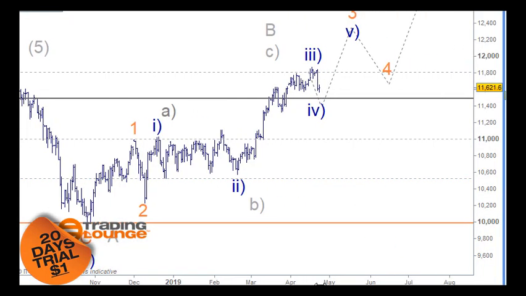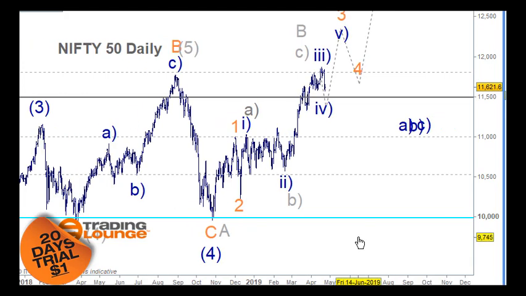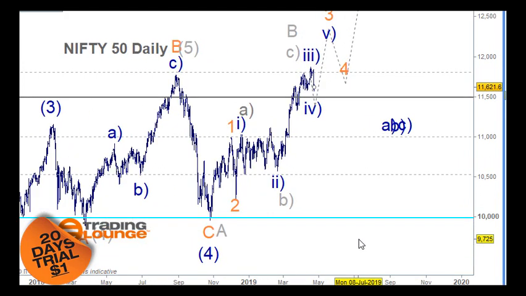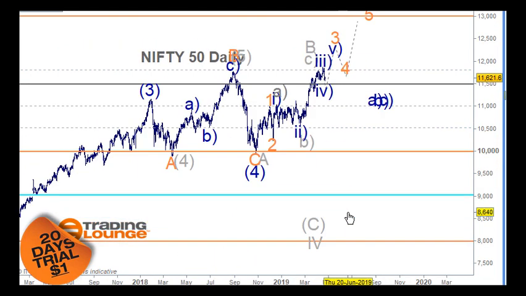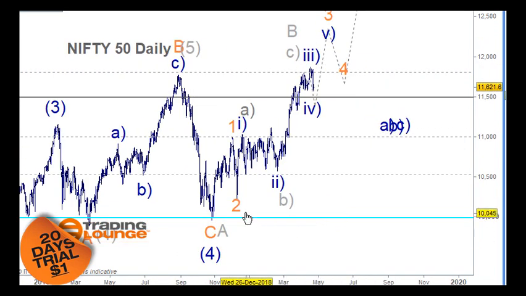So we have to remember here that we've got two counts here, but now that we've just tipped this top out here, then we don't need to keep that bearish count anymore, so we can gather all these up here and we can just stay with our main count now.